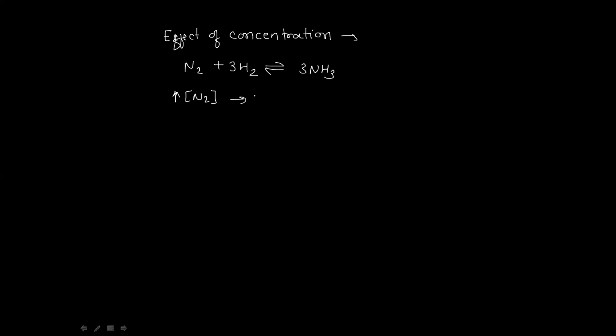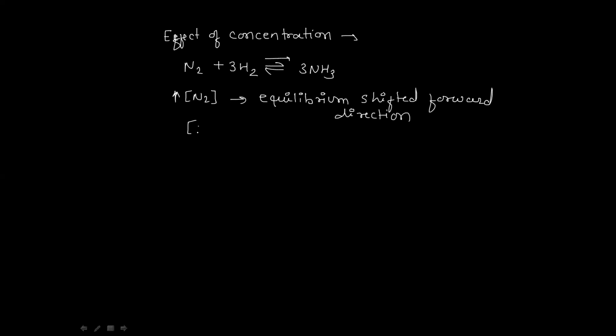So the equilibrium will be shifted to the forward direction. Forward direction means the increase in nitrogen will shift to the ammonia. So equilibrium is shifting to the forward direction.